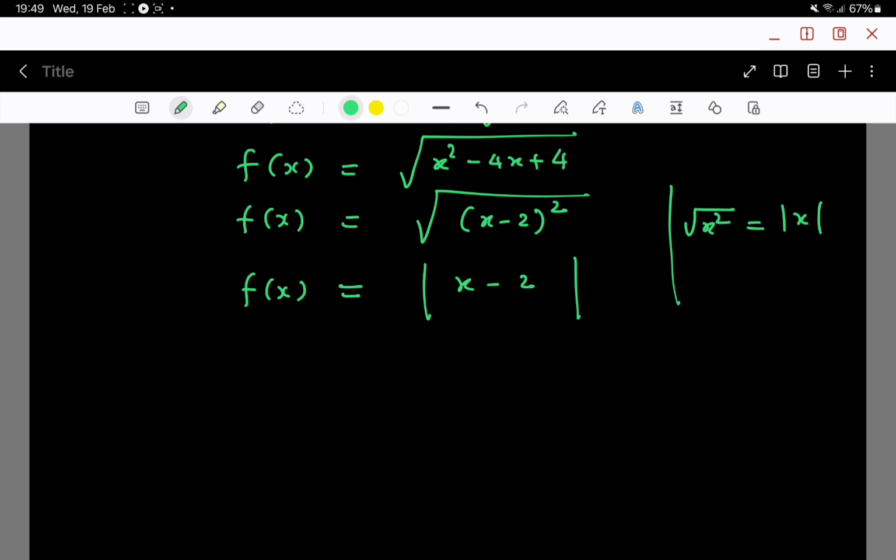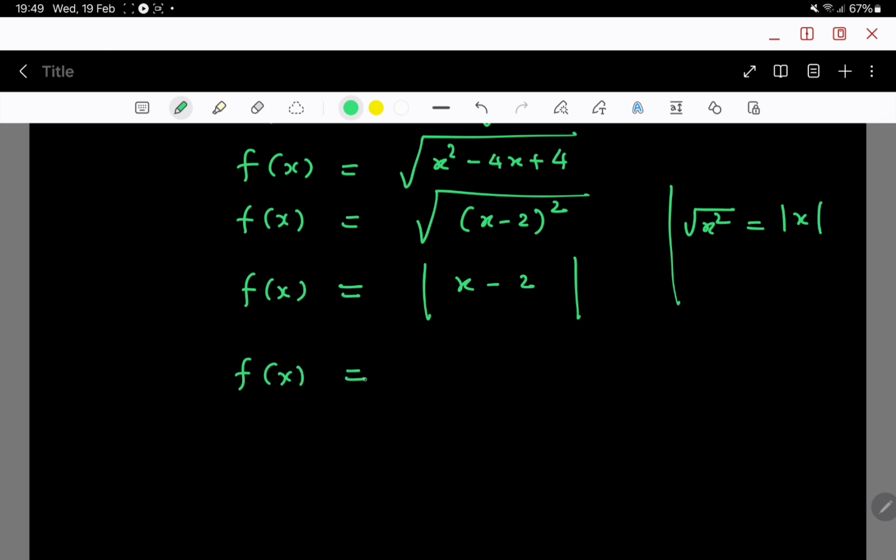When x is less than 2, for example, I am taking x is equal 1 here. Substitute x is equal 1, 1 minus 2 is negative. Okay. For all x less than 2 values, x minus 2 becomes negative. So, we divide mod of x minus 2 as two functions, x is greater than or equal to 2 and x is less than 2. Okay. I am writing now.